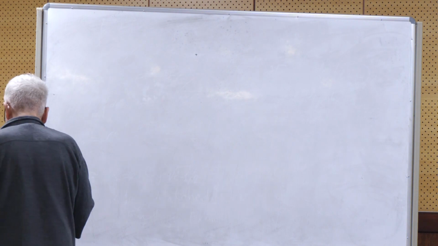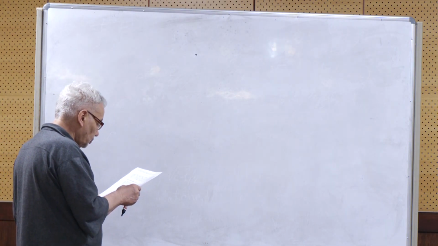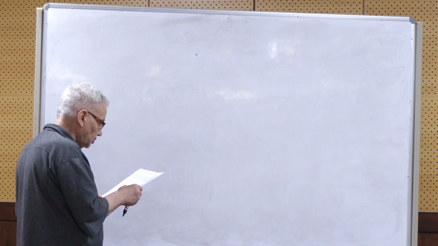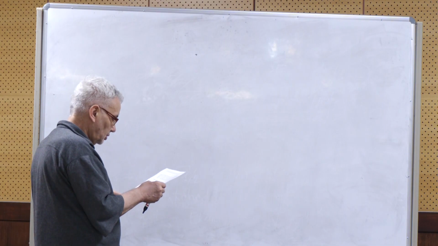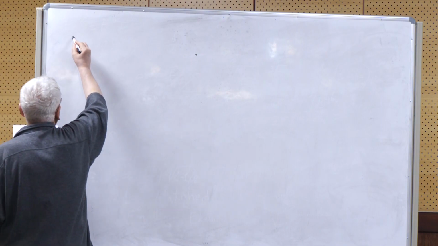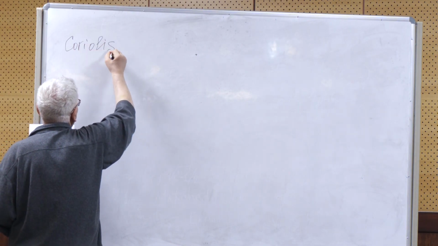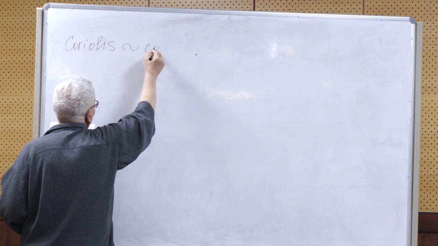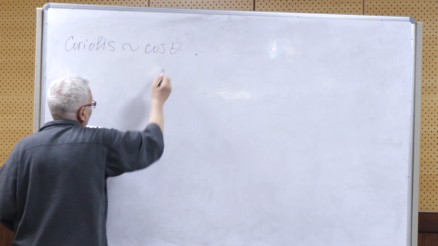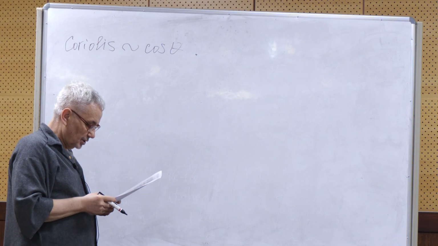This difference is due to the fact that the Coriolis force contribution to these layers, which I just showed you near the equator, is proportional to cosine theta. It's proportional to the cosine theta.